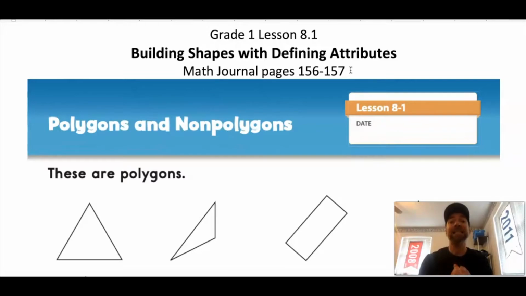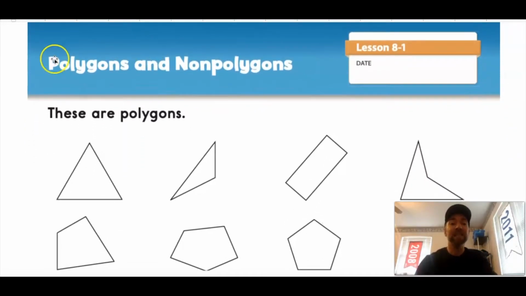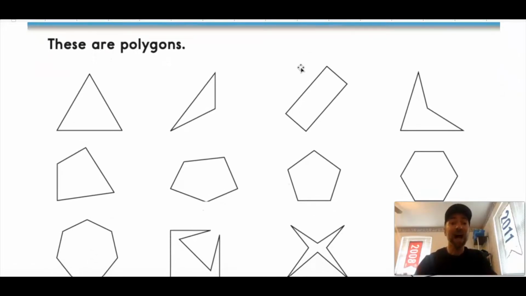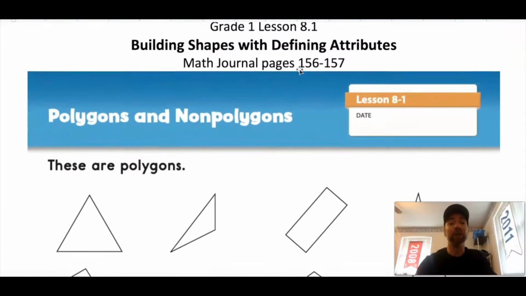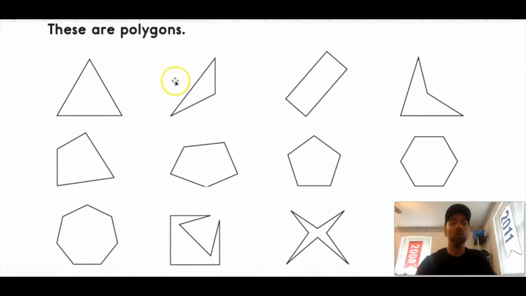So let's get started. Hopefully you have your journal opened up to page 156. This lesson is called Polygons and non-polygons. So at the top of page 156, you're going to see a whole bunch of shapes.